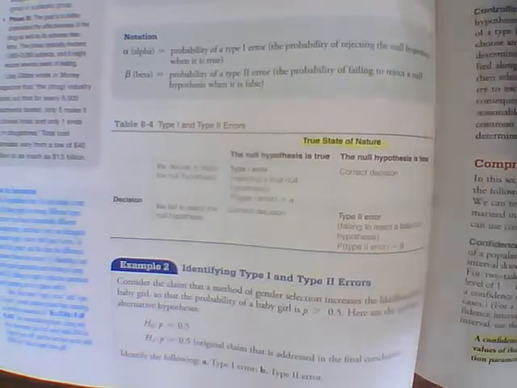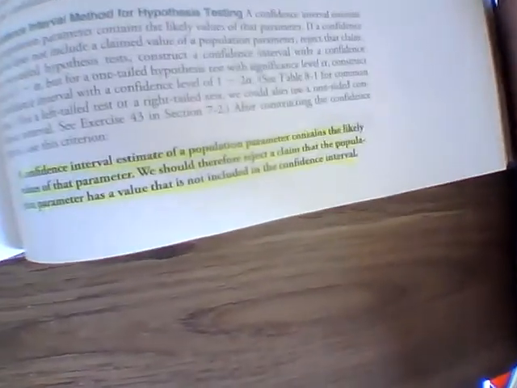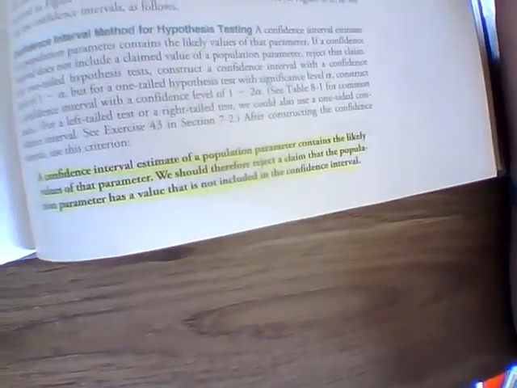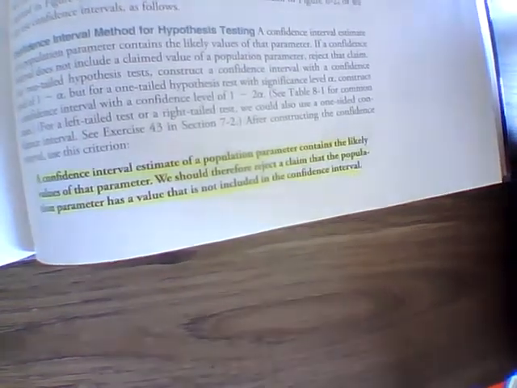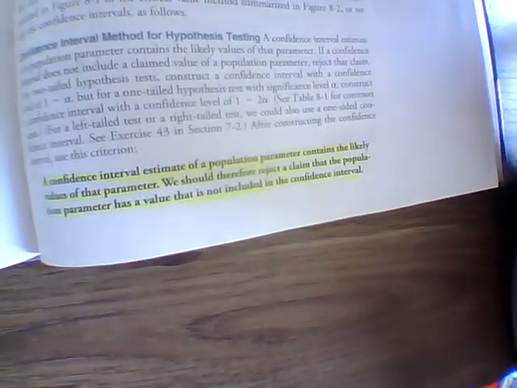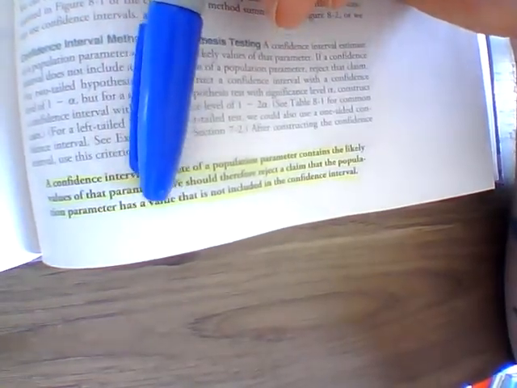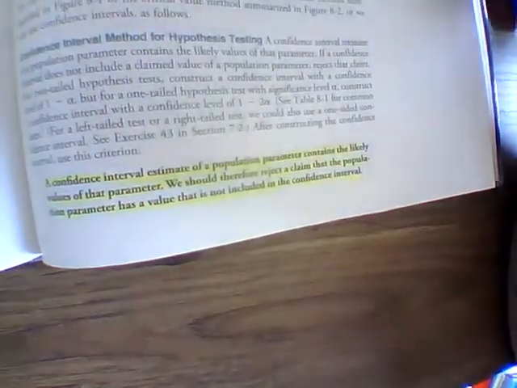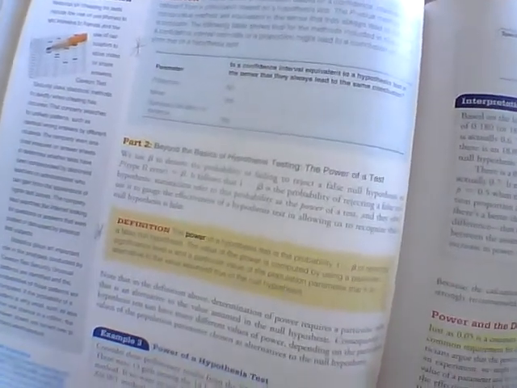So when we have our comparison in here, they have a nice little statement at the bottom of page 407. It talks about how a confidence interval estimate of a population parameter contains the likely values of the parameter. We therefore reject a claim that the population parameter has a value that is not included in a confidence interval. Okay, so here they give you a little caution that you're going to want to read through.